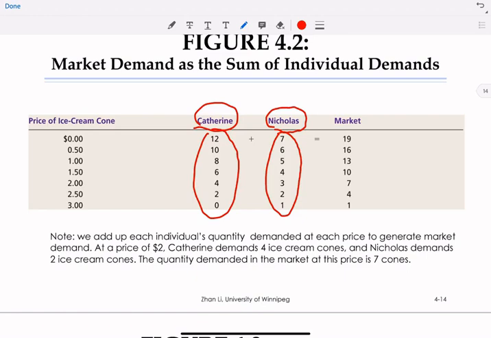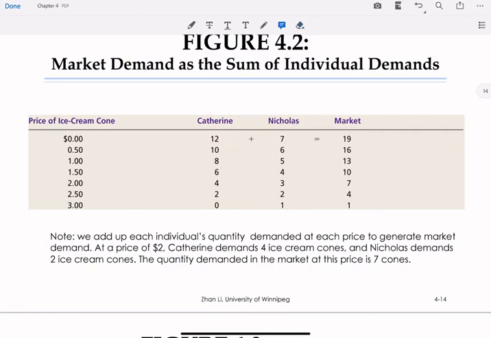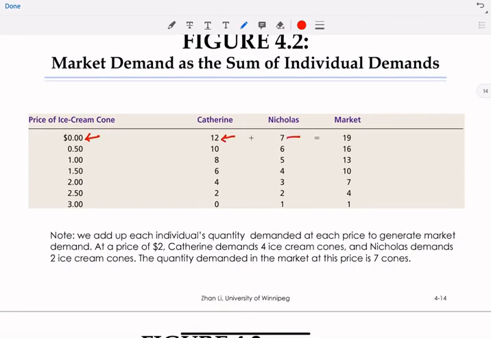But how do you add up different buyers' demand? Well, what you need to do here is look at each price. Let's say at price 0, Catherine's quantity demanded is 12, and Nicholas's quantity demanded is 7.